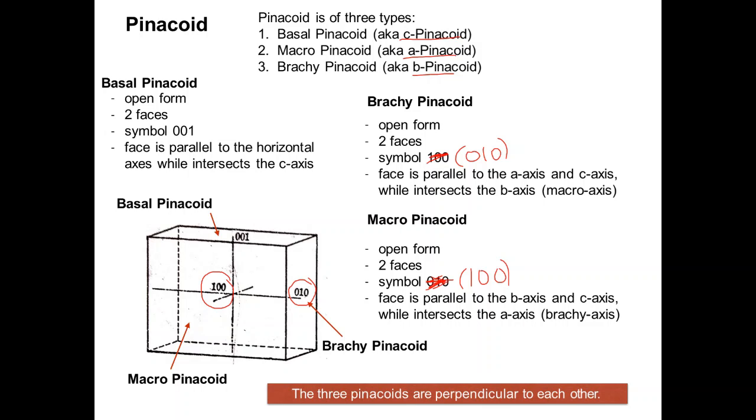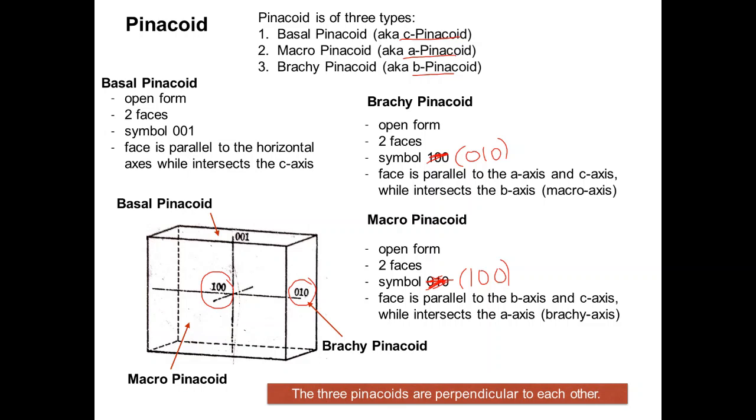Alright, so the brachypinacoid has its faces being intersected by the b axis, so it becomes 0, 1, 0, while in the macropinacoid the faces are being intersected by the a axis and it becomes 1, 0, 0. The a axis is the brachyaxis while the b axis is the macroaxis.